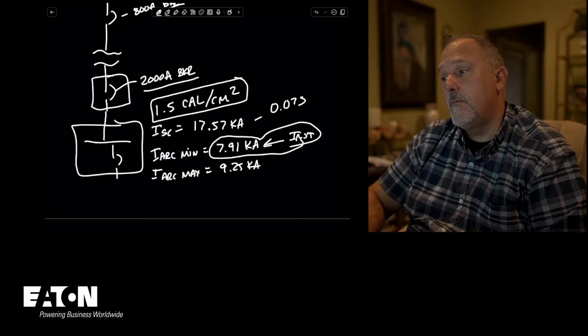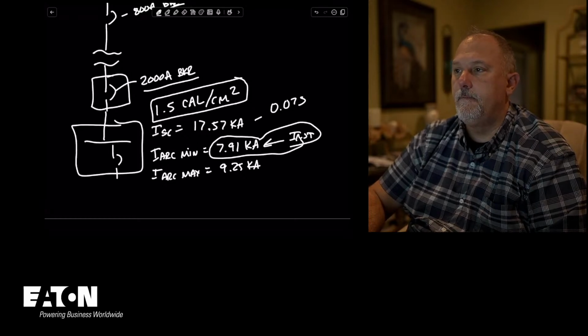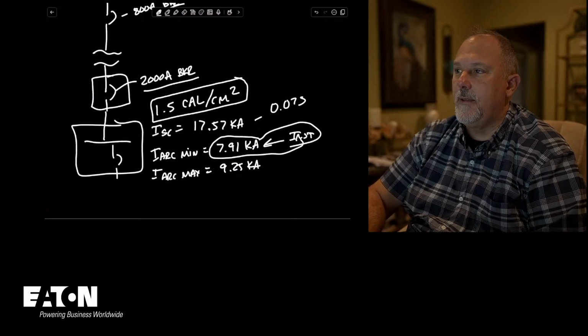Now, current in 1000 amp increments. So that's 14,000. Where's my instantaneous? Here's an adjustable instantaneous. The last incremental value is 12 times. So I can do 6 times, 7 times.